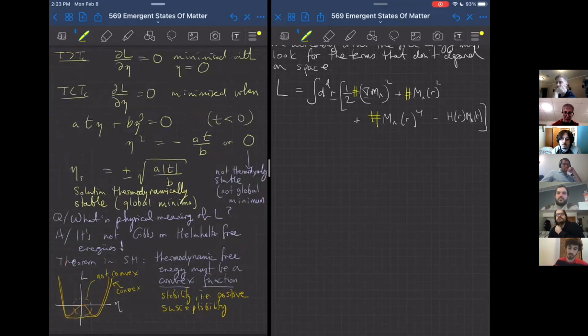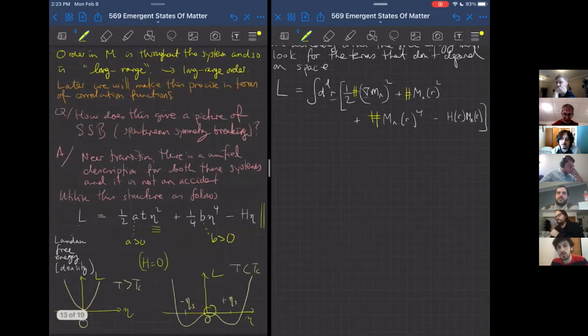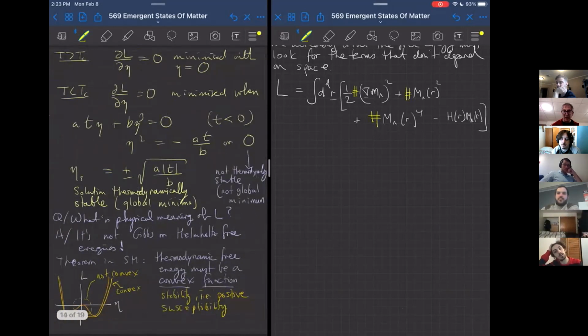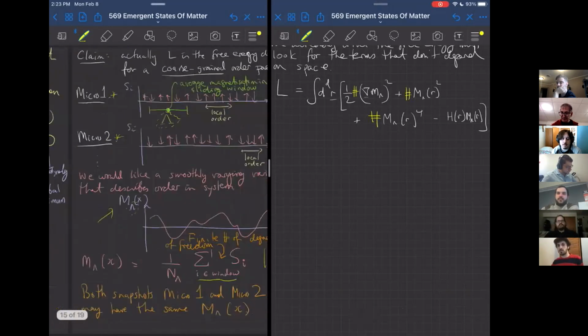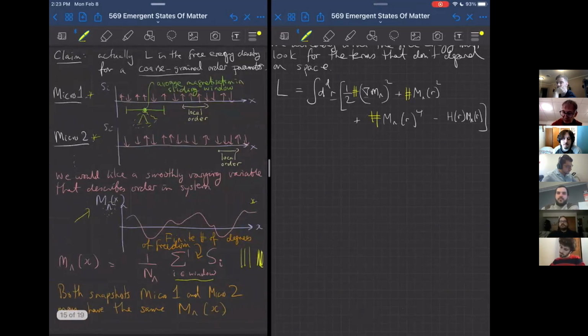But remember, what we do is we take this form and minimize it with respect to m in order to find what the state of the system is. And so in order for that to give you m equals 0 being a solution, there can't be any linear term because that would give you a constant. Okay. Thanks. Yeah, thanks for the question.